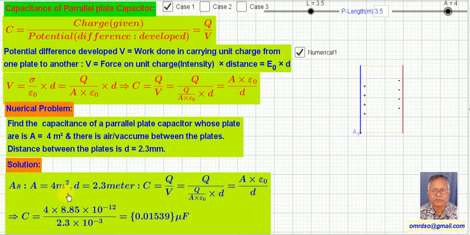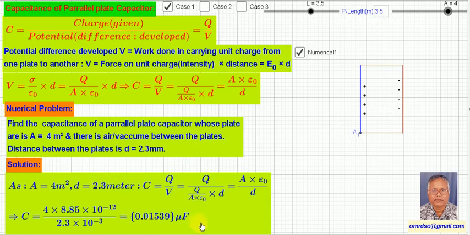Now A is 4 meter square, d is 2.3 millimeters. So C is equal to Q upon V, that is C is equal to A epsilon naught upon d. A is already given, epsilon naught is 8.85 into 10 power minus 12, and d is 2.3 millimeter, meaning 2.3 into 10 power minus 3. After solving this we get this result: 0.01539 microfarad.